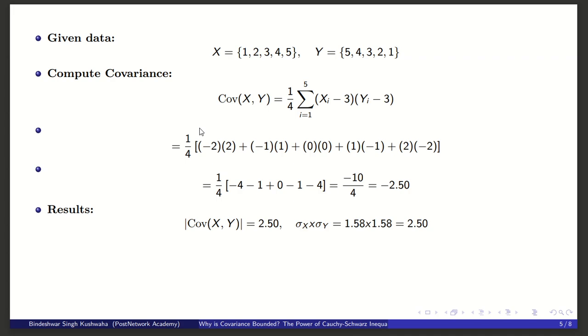If you take the modulus, that is 2.50, and sigma x into sigma y is already 2.50. So this inequality holds. The upper bound is again 2.50, even though the data were in the opposite direction.